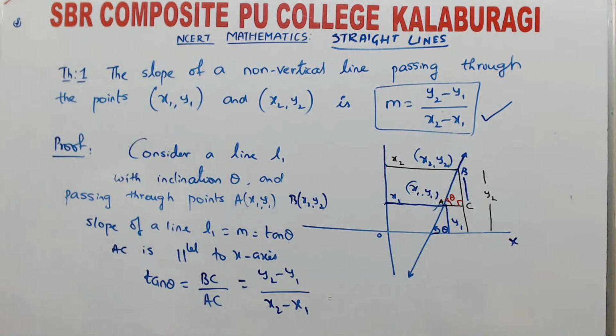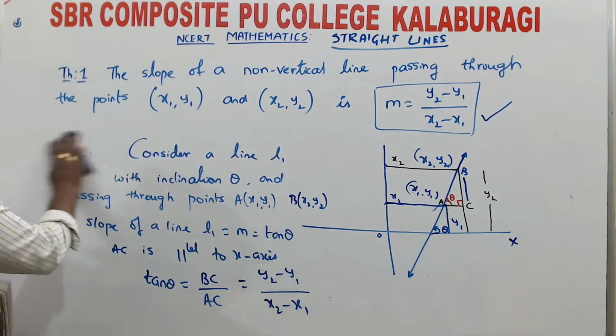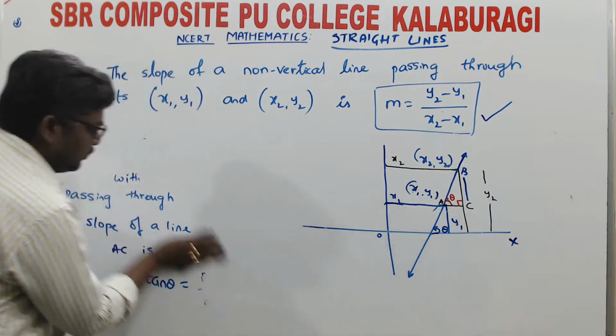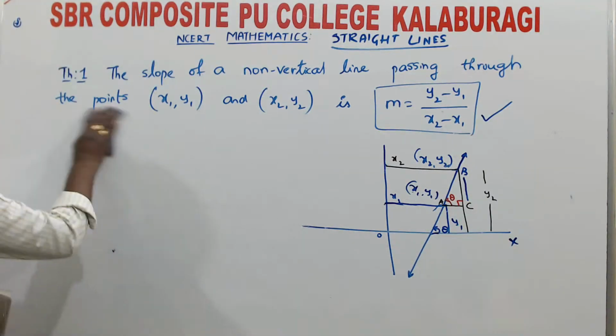Now we'll see one example on slope of a line when we know 2 points.